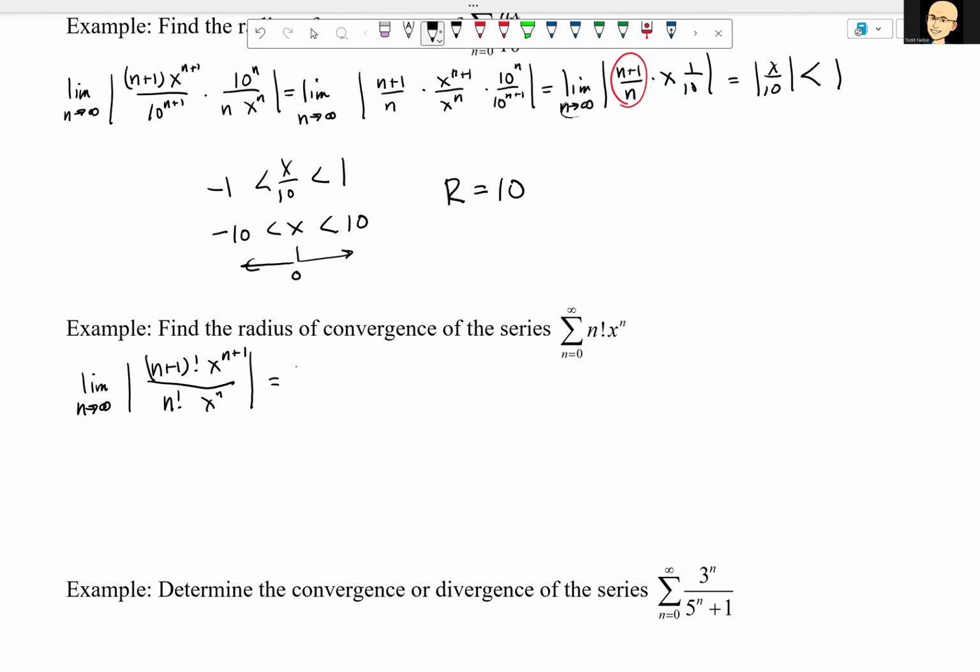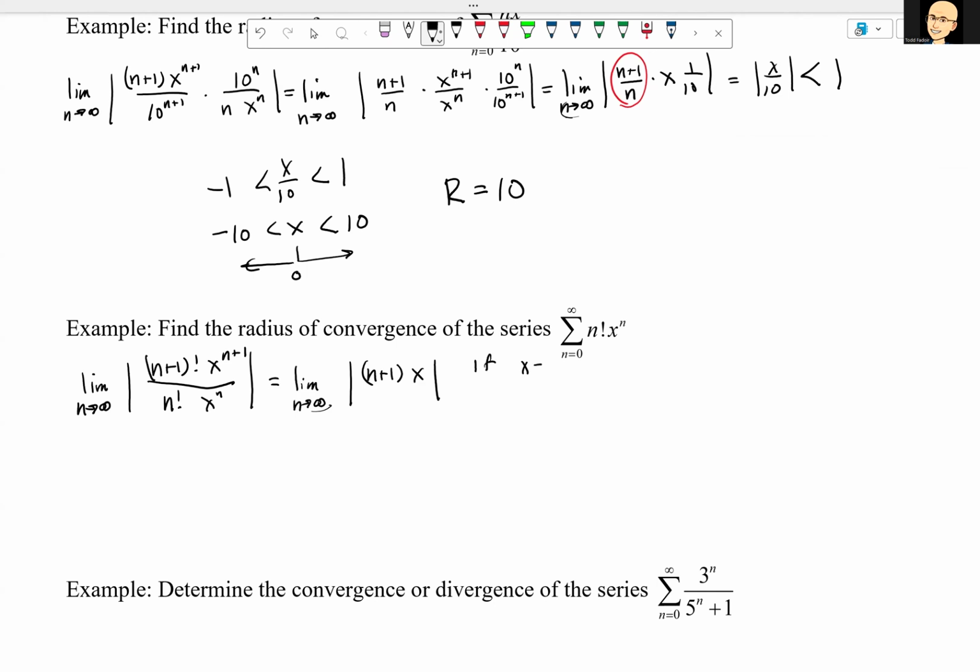And when I do my cancellations this time, I get n plus 1 when these two cancel, and I get x. Now, when n goes to infinity, for every single non-zero value of x, well, actually, let me write this out.